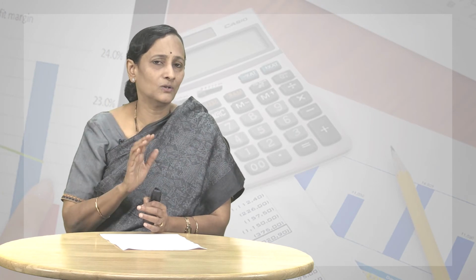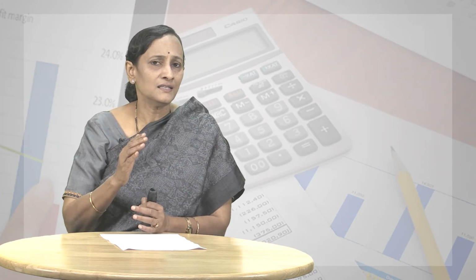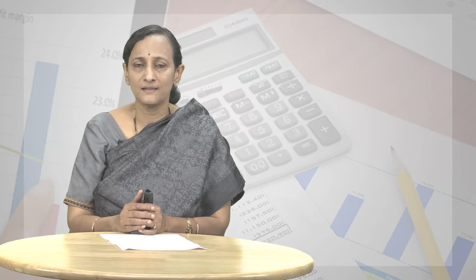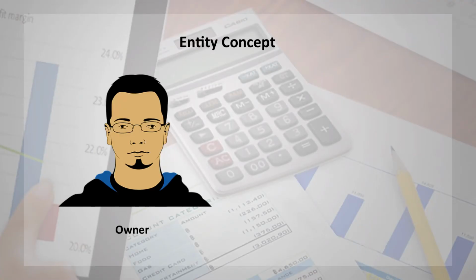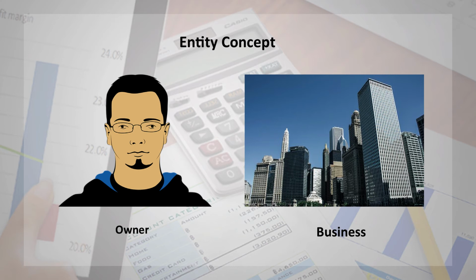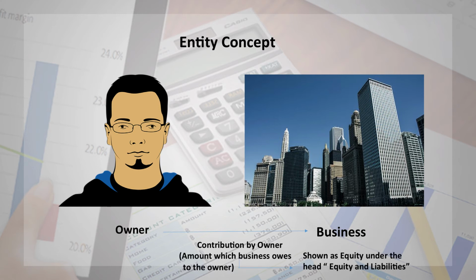Or another way to look at it: since the business entity concept says that the owners of the business and the business itself are two separate distinct entities, anything that is given to the business by the owner should be treated as a liability or almost equal to a liability in the balance sheet.